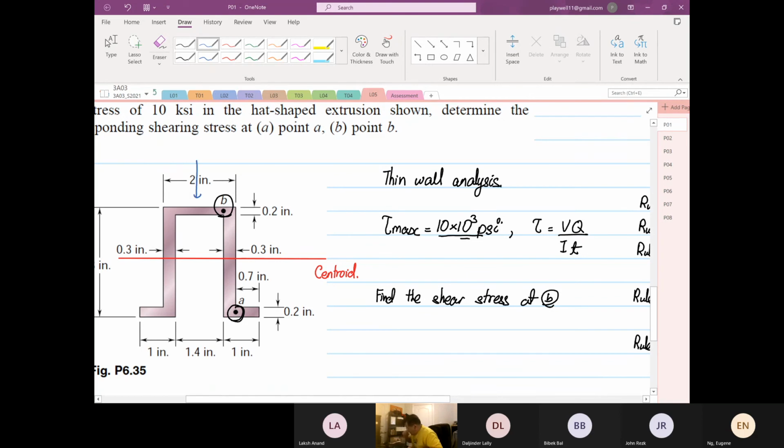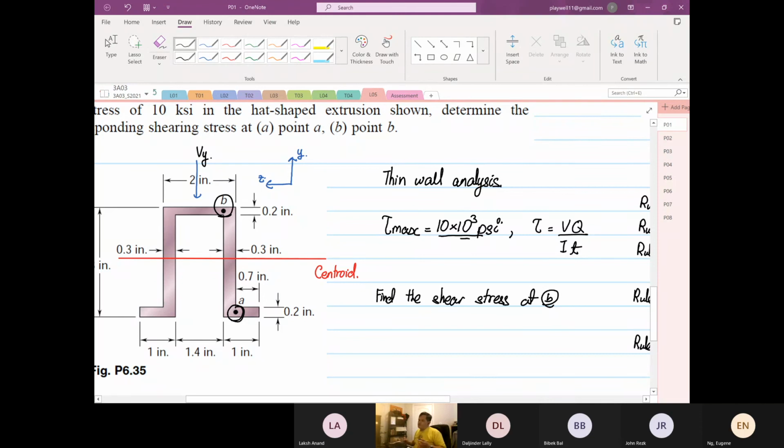Let me address some transformation first. This is our Y, this is our Z, and this is our Vy.